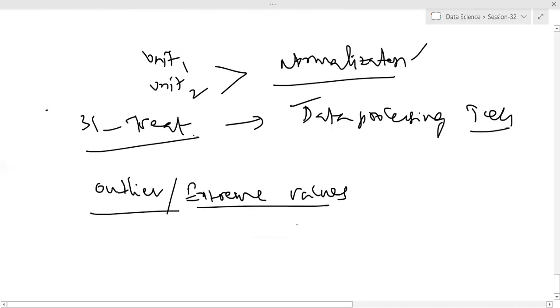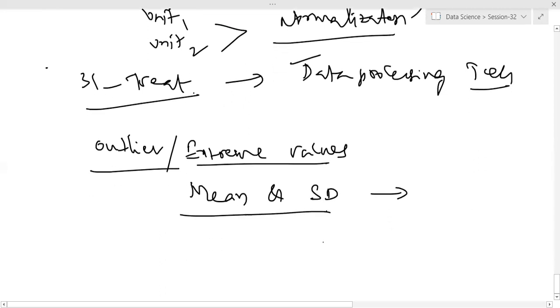Whenever I say that measure, he immediately says, yeah, that measure is there, definitely this is an outlier. I'll relate it with the mean. Very good. That's it, mean. And one more thing, standard deviation. See, standard deviation is dependent on the mean only.